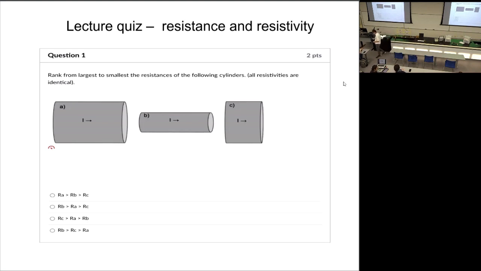For these types of problems, is there ever a time where you would give us a wire that's changing area? Like, it's bigger in this part. Yeah, that's a good point. Yeah, like a bottleneck.